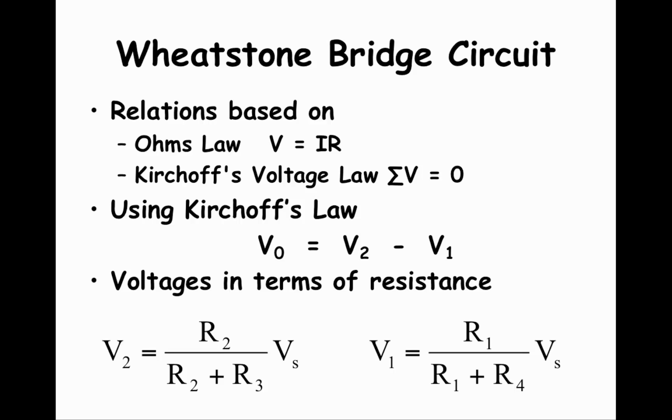We can also write the equation that gives the voltage drop across resistor 1 in terms of resistor 1, resistor 4, and the supply voltage. With the equations for V2 and V1, we can substitute them in the equation V0 equals V2 minus V1.